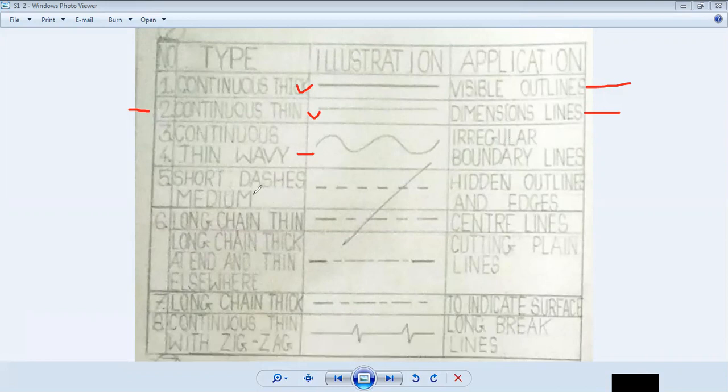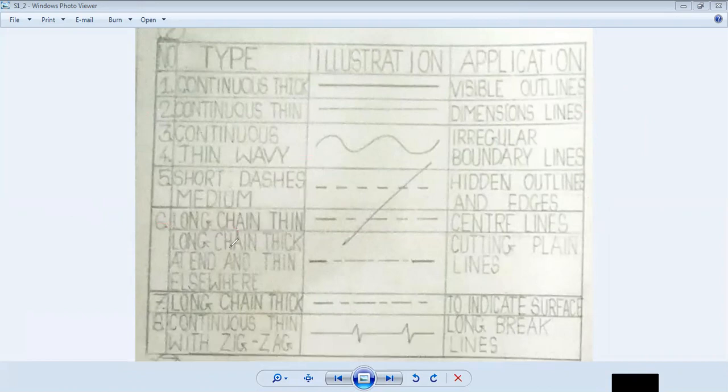Then we have the short dashed line, medium. Those are used to show hidden lines that we use in projection of solids. Then we have the long chain thin line, like this: long, then dot, long, short, long, short. Those show the center line.